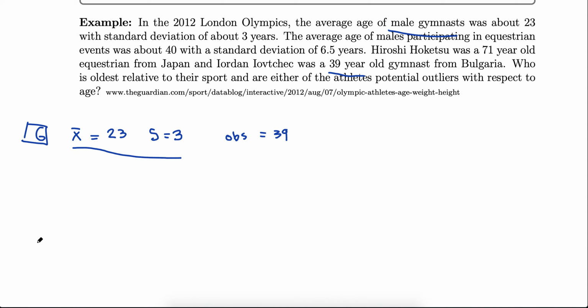Then we also have equestrians. I'll just label this E for equestrians. And they tell us that the average age of male equestrians in the Olympics was about 40, with standard deviation 6.5. So for the equestrians, average age 40, standard deviation 6.5.